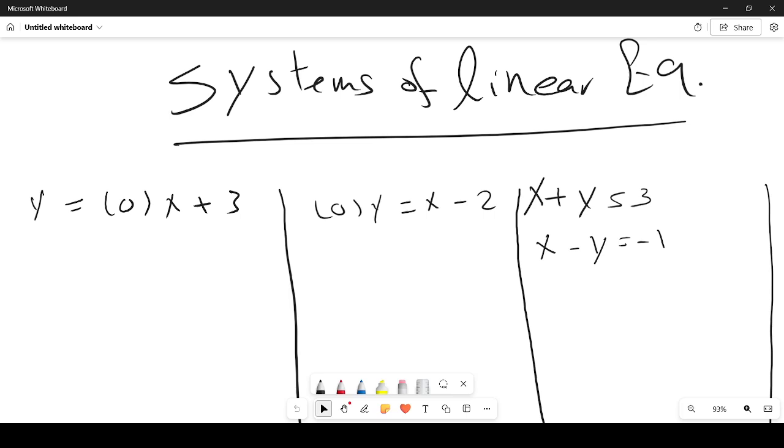So let's kick in. If we have here the first equation, y equals 0x plus 3. Why did I write 0x? This is because I want you to know that every equation is actually in the same form, even if it was written like y equals 3.